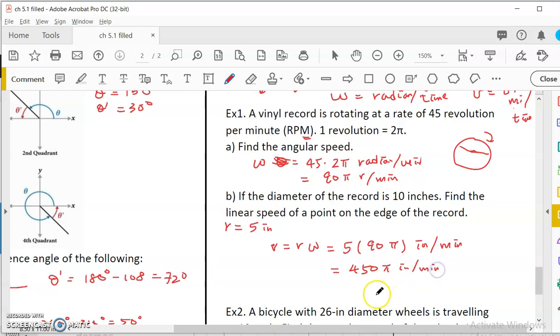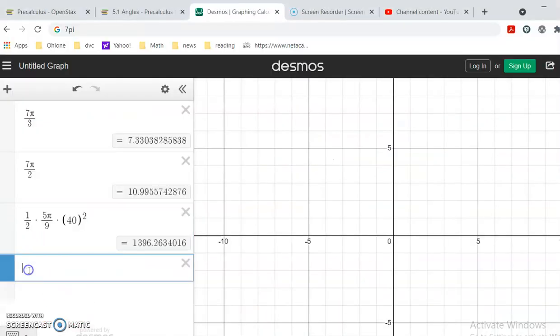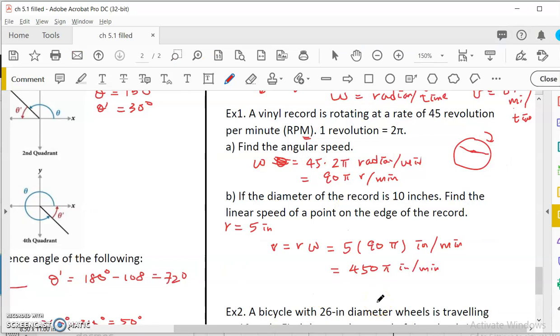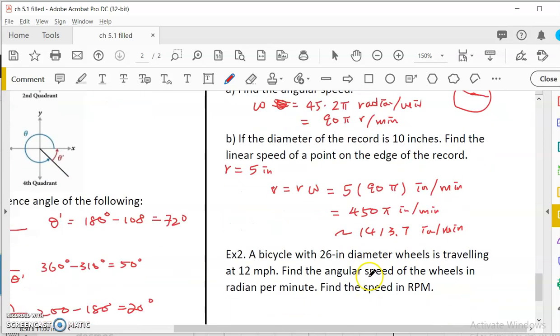If you multiply it out, 450 times pi is approximately 1413.7 inches per minute. Then you can change it back to feet or whatever.